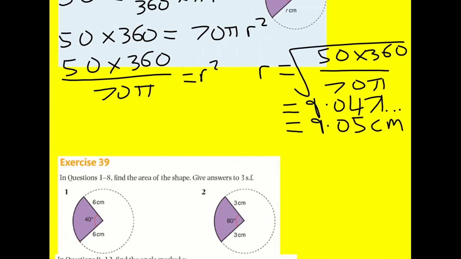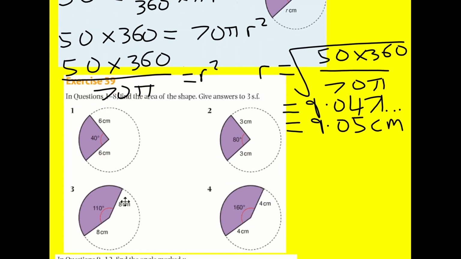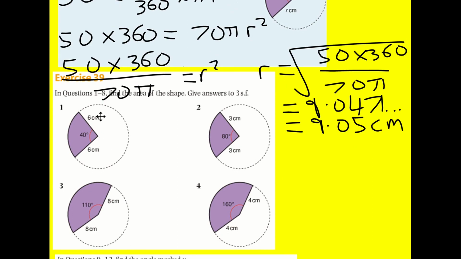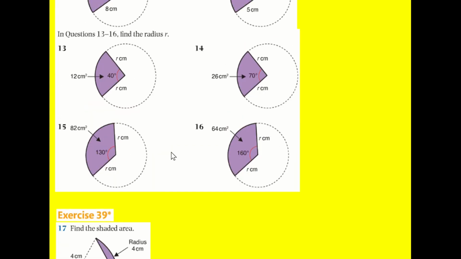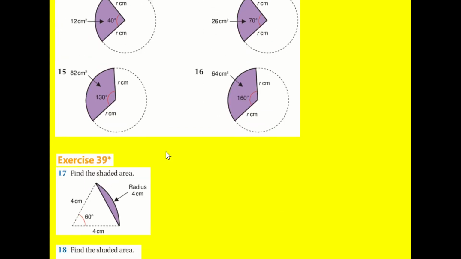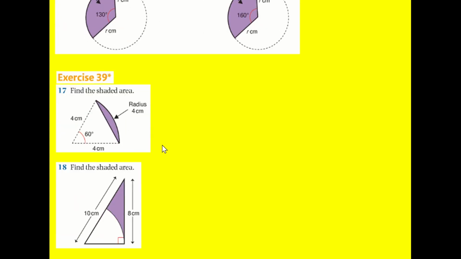Okay, so what I'd like you to do is try some questions yourself. I don't mind if you just do every other one. The first question is just finding areas 4 times, just getting you to use the formula. It does similar with the angle, it does similar with the radius. So just making sure you are happy with this. What I'd really like you to get onto is these challenge questions here.